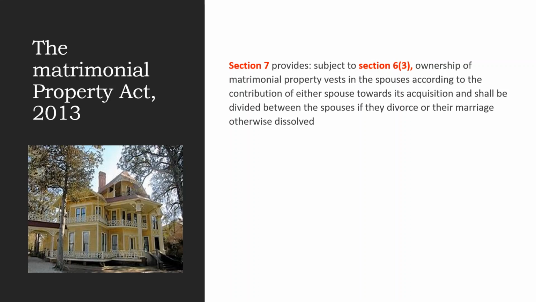In this Act, we have Section 7, which provides that, subject to Section 6(3), ownership of matrimonial property vests in the spouses according to the contribution of either spouse towards the acquisition, and shall be divided between the spouses if they divorce or after their marriage is otherwise dissolved.